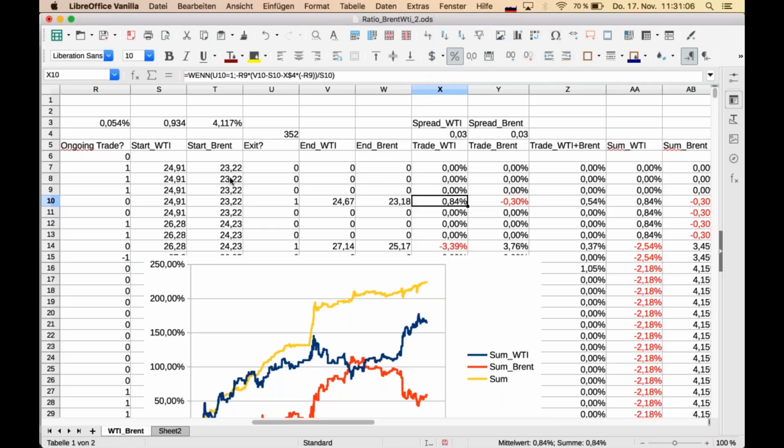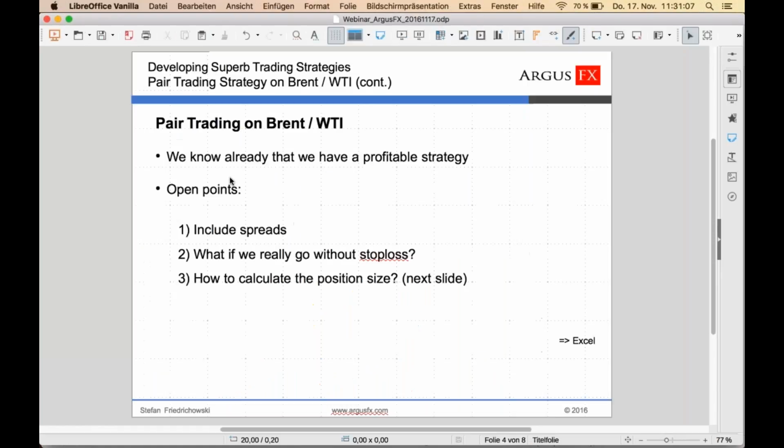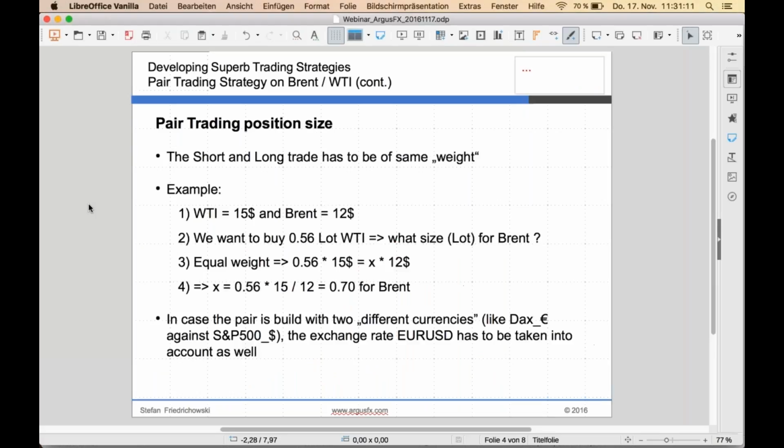Let me first go back to my slides in order to introduce what we need to do right. The first thing is in general related to the position size of a pair trade.